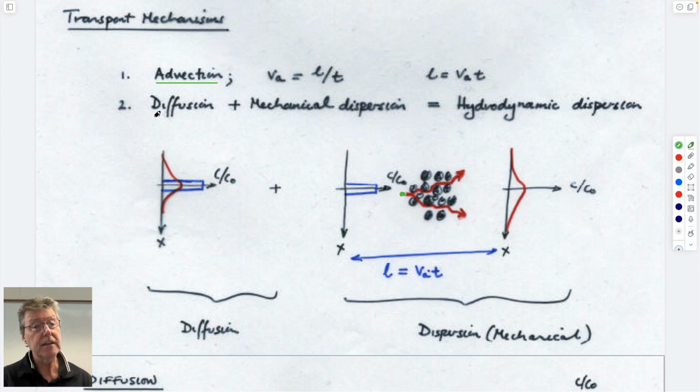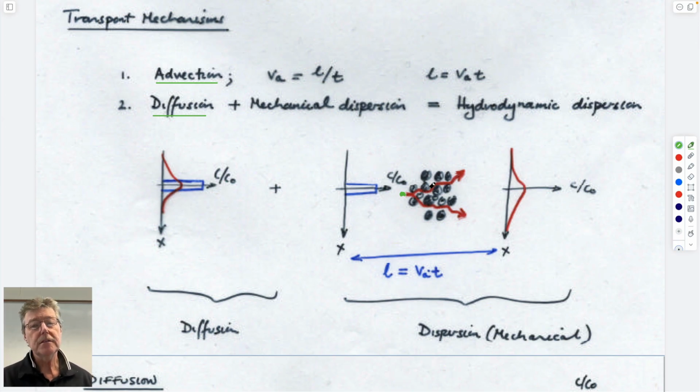But the important thing is that diffusion occurs by two mechanisms. It diffuses in the same way that if I'm wearing bad aftershave, which I don't, you can smell it where you're sitting and progressively further away. There's no motion of air in here, but if I moved in the room, you'd smell it faster.